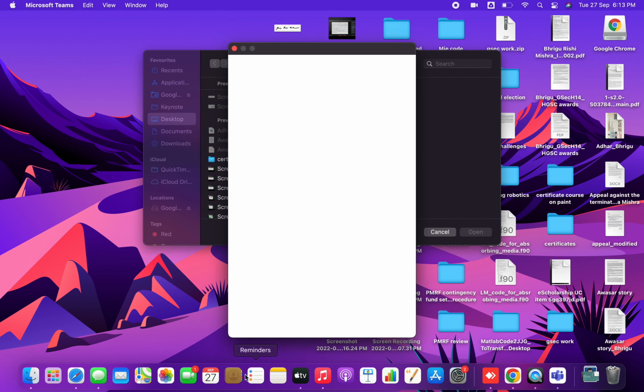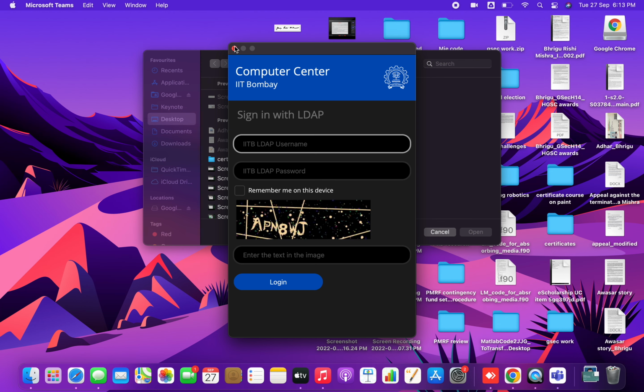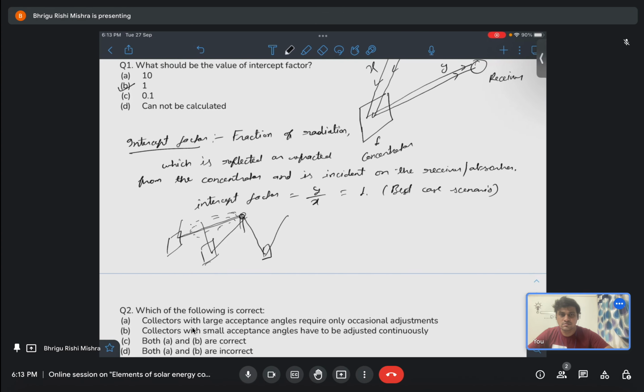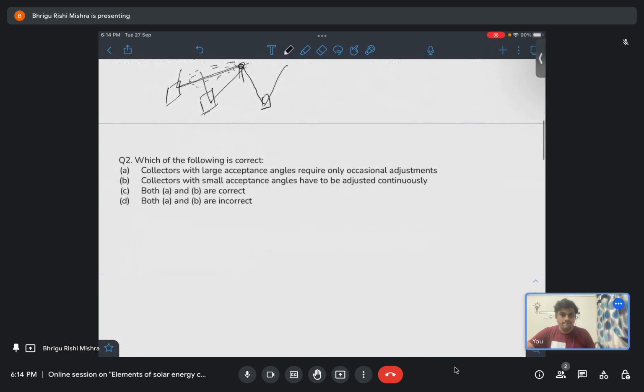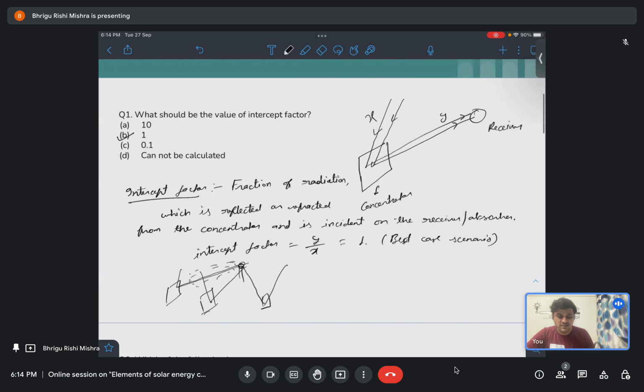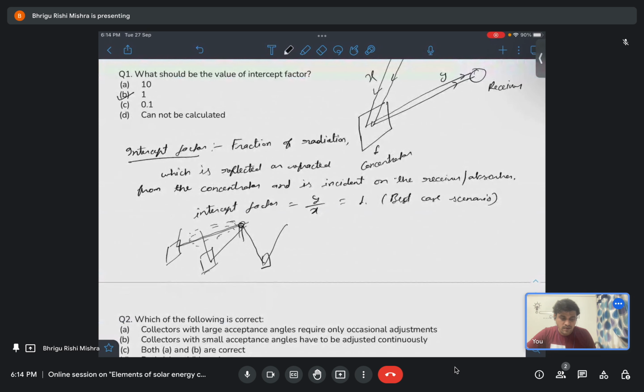Apart from that, there will be some spillage at the receiver, and again some radiation and conduction convection losses also occur. But yeah, for the best case scenario, the intercept factor is 1 and it should be 1. So we try to minimize this spillage and radiation loss, conduction losses as much as possible.